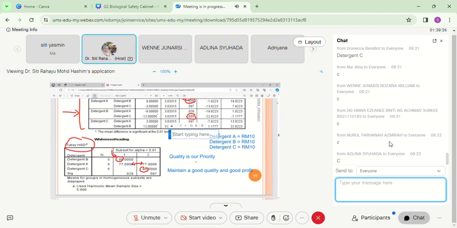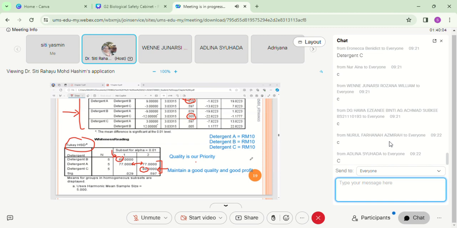Sebab memanglah deterjen C ini mempunyai whiteness reading yang tertinggi. Okay, it's true. But then, yeah, it's tertinggi. So, kalaulah dia punya harga sama, maka jawapan C itu betul.